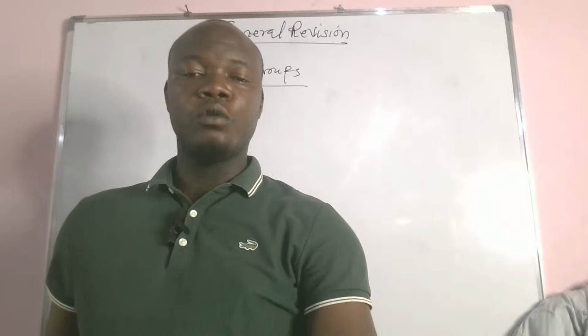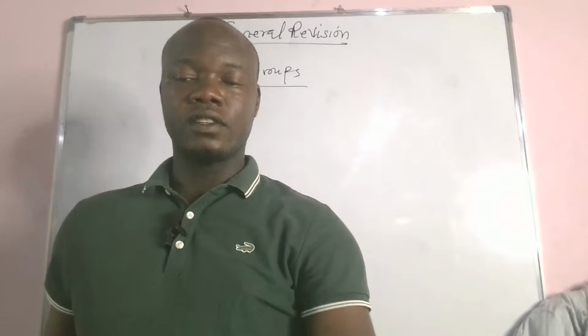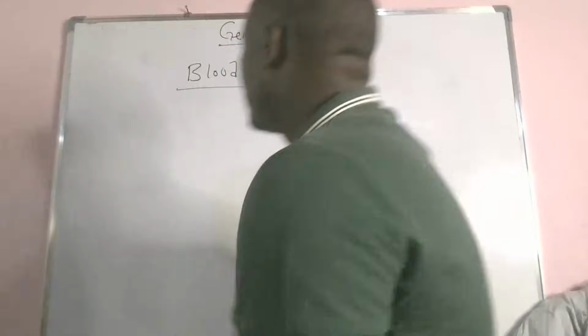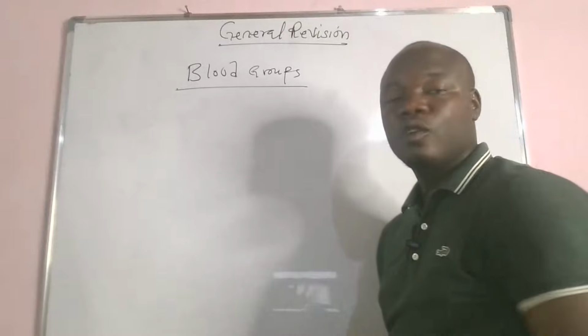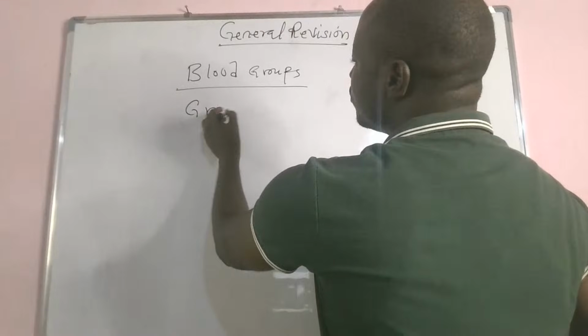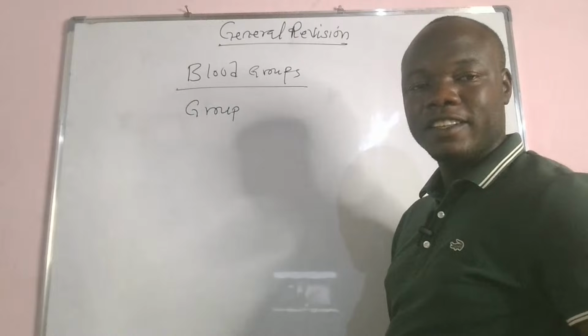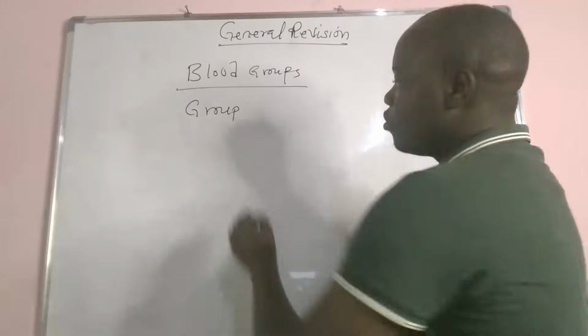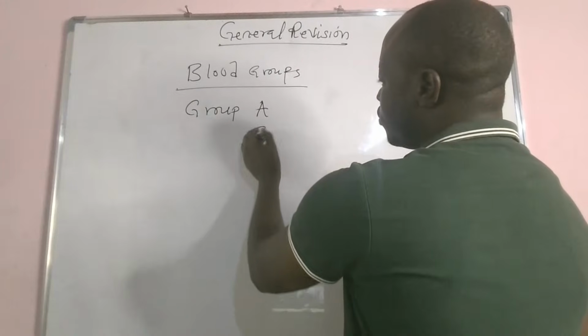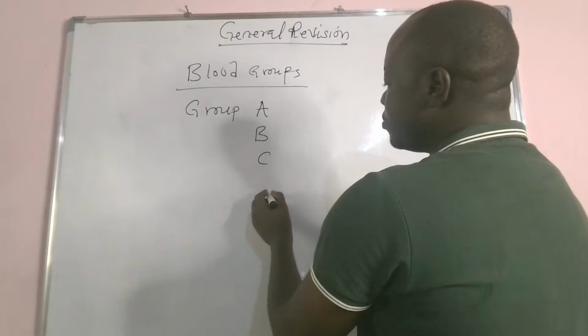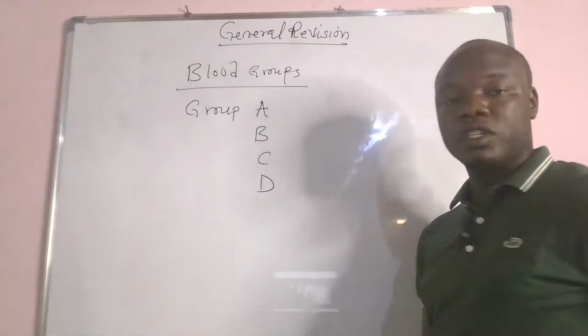We have blood group what? We have blood group A, blood group B, blood group C, and then blood group D.